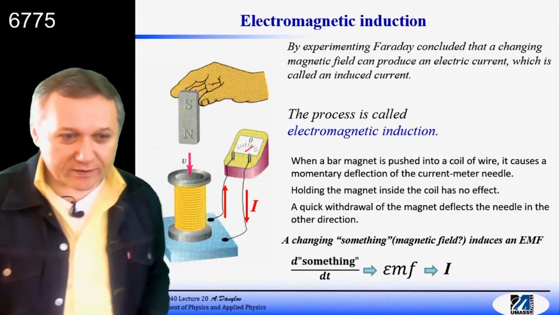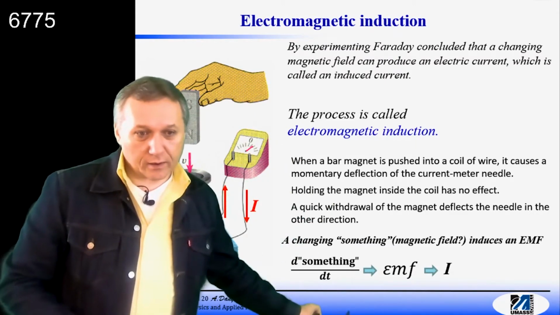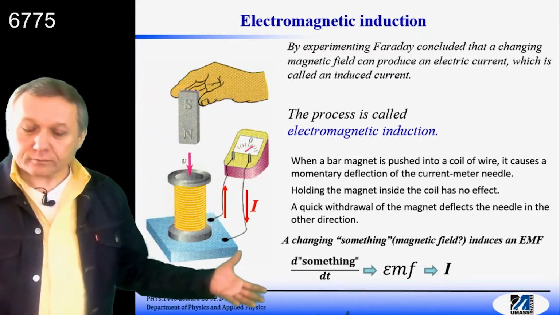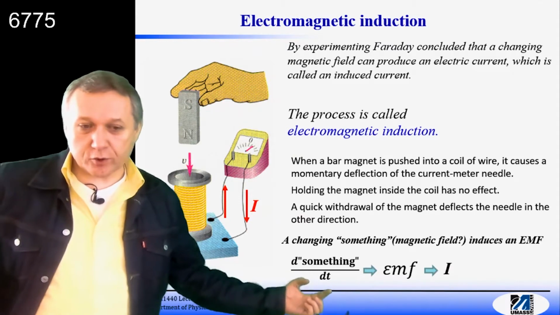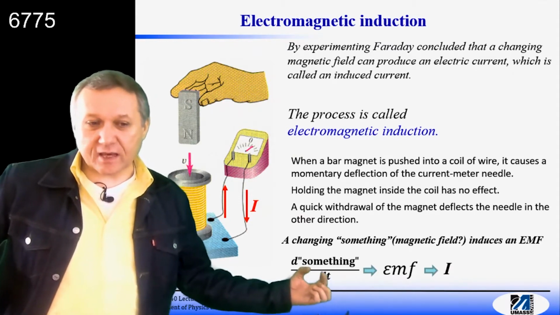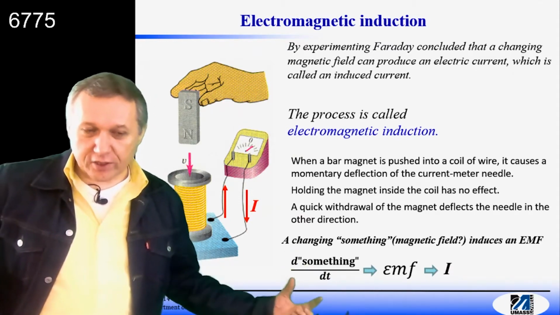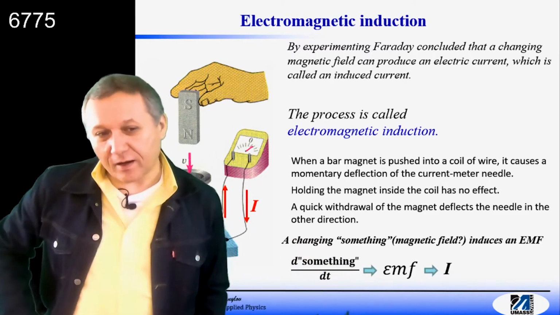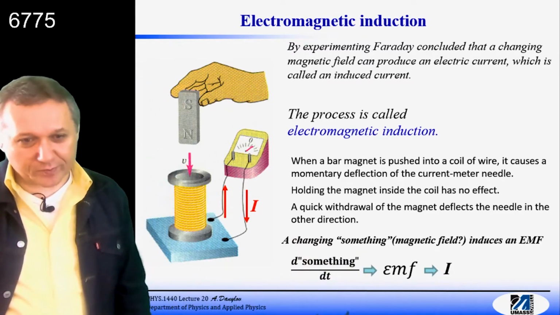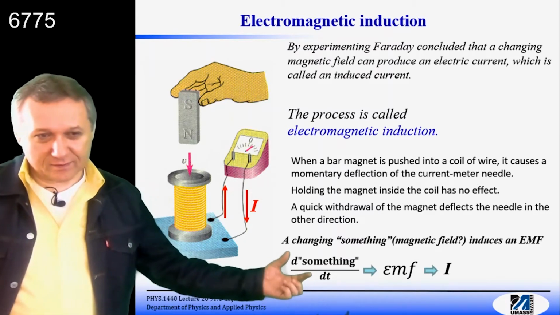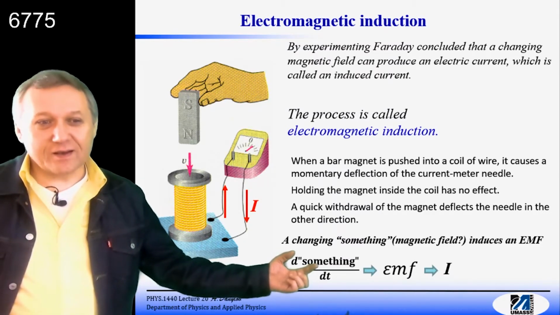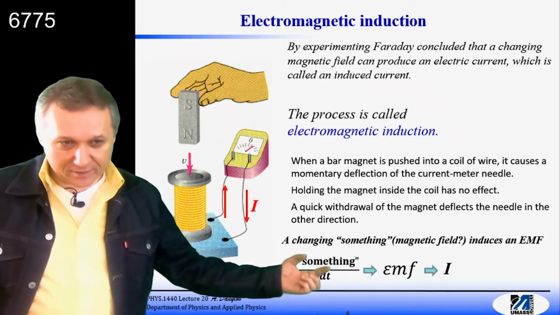So that's what Faraday observed, and now we need to present this law. Basically, we just need to understand what this something is that you have to change in order to produce current in the conducting loop. And that something is actually the magnetic flux.